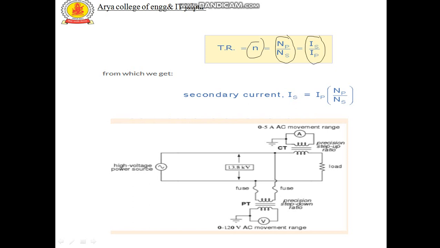That means the number of turns on the primary side upon the number of turns on the secondary side should be equal to the current on the secondary side upon the current on the primary side. So we will get the current in the secondary circuit as IP multiplied by NP upon NS.